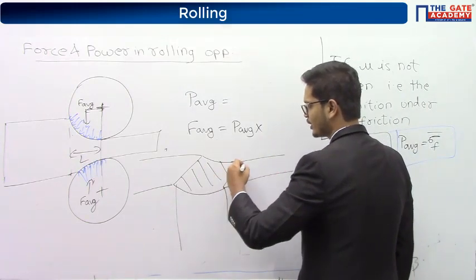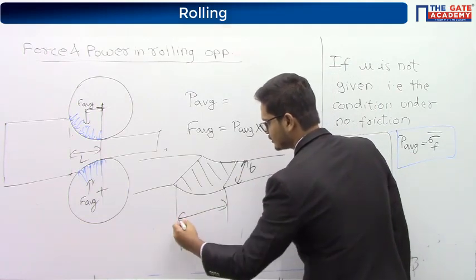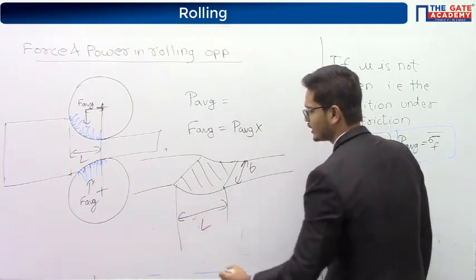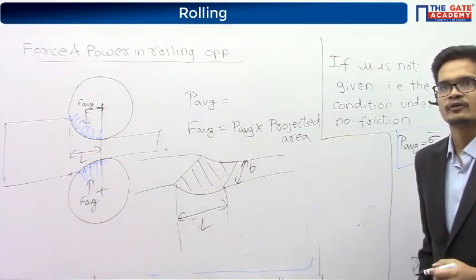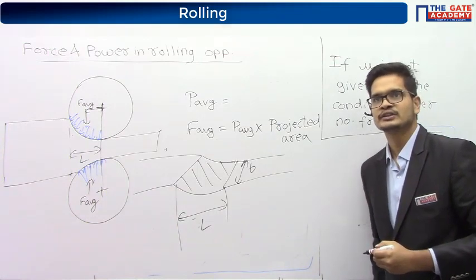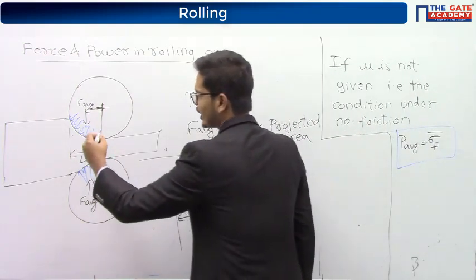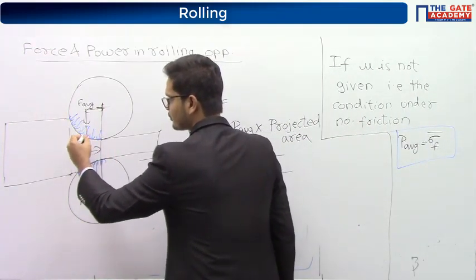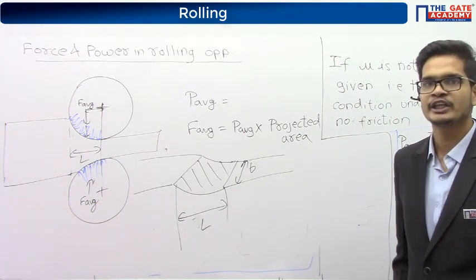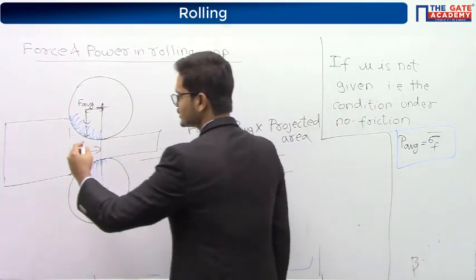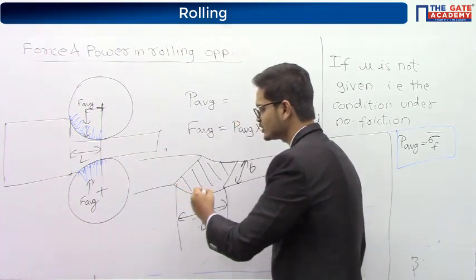How much is the projected area? This is the width and this is the length. So we take a projected area. Why we are taking projected area is because we are approximating that F average is perfectly perpendicular, and for that, we are assuming that this curved portion is nearly straight.